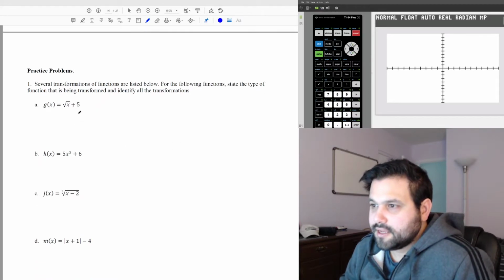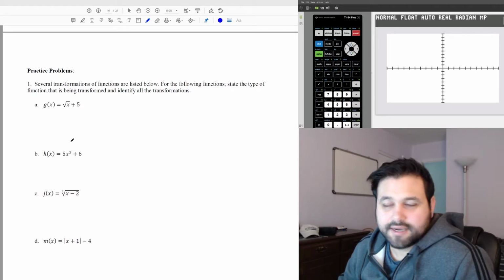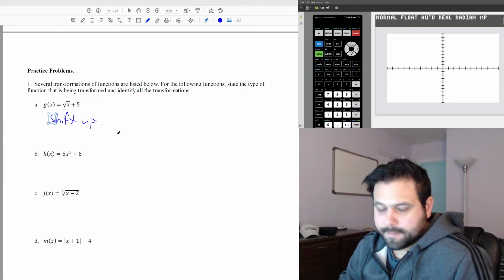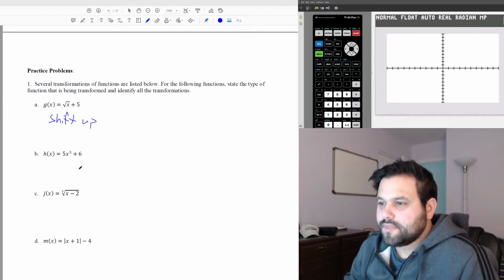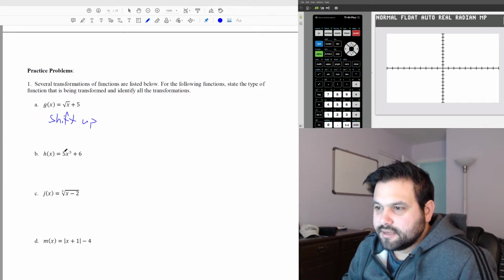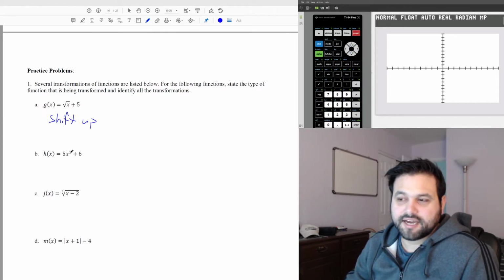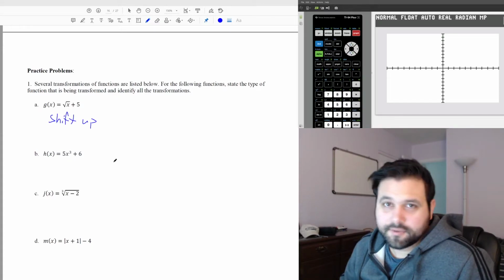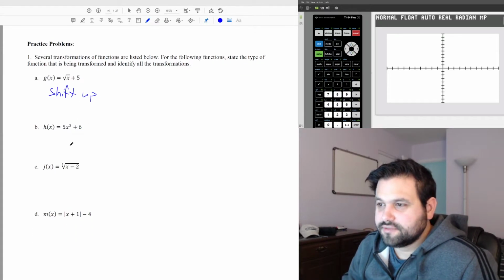So for part A, I see a +5 and it's on the outside, so this is a shift up. Here I see multiplying by 5 and adding 6. Both of them are on the outside because I don't see any parentheses here. And we're talking about an x cubed function.